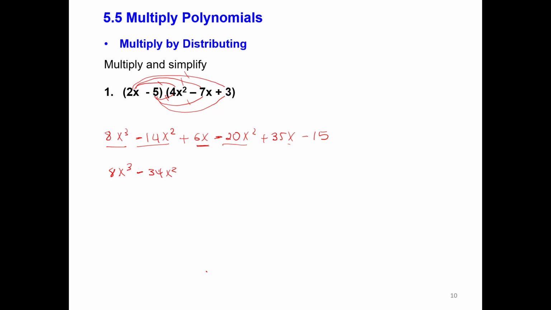Then just x: we combine these, so 6 plus 35 is positive 41x. And the last term is just the constant number. Then the answer in this case is x to the third minus 34x to the second plus 41x minus 15.